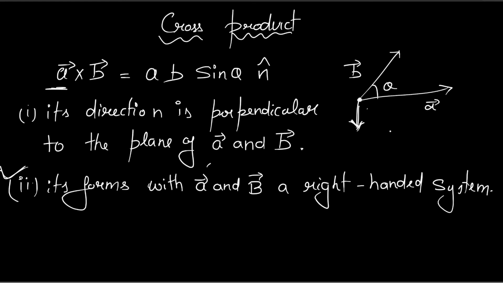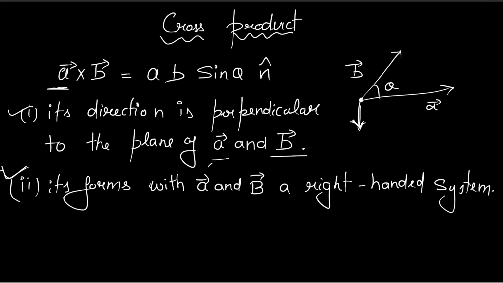So the first point is that its direction is perpendicular to the plane of A and B.